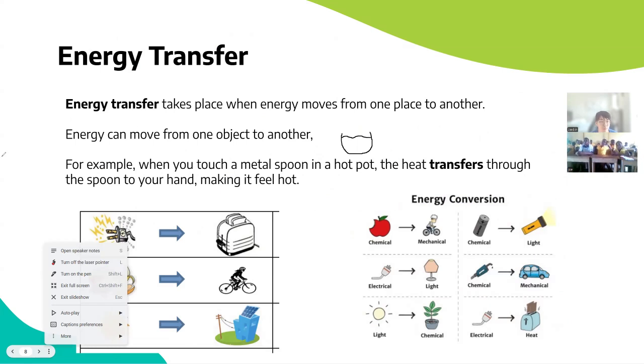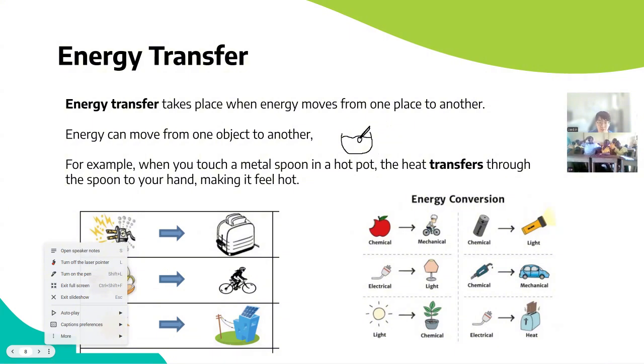It's very hot. But if you have a metal spoon in the hot pot, then the heat will be transferred from the hot water to the spoon. So it conducts heat. If a person touches the spoon, then it'll feel very, very hot.